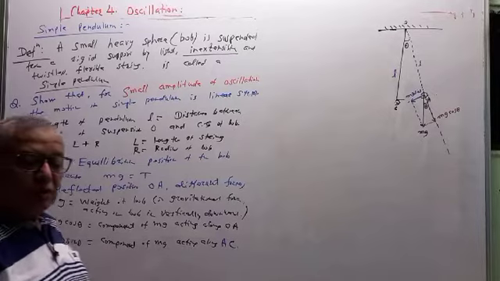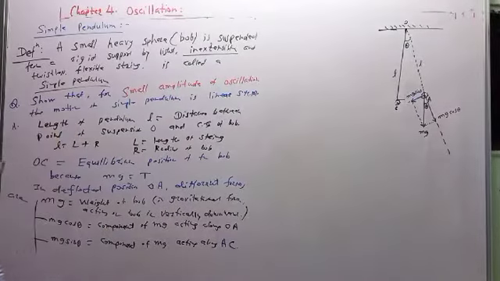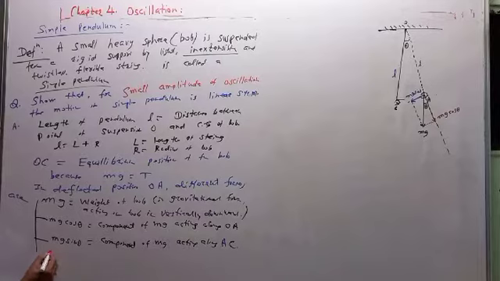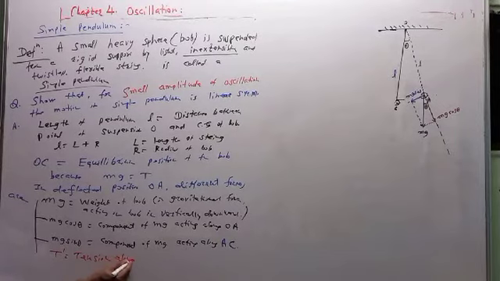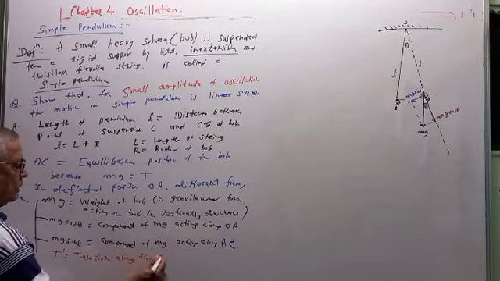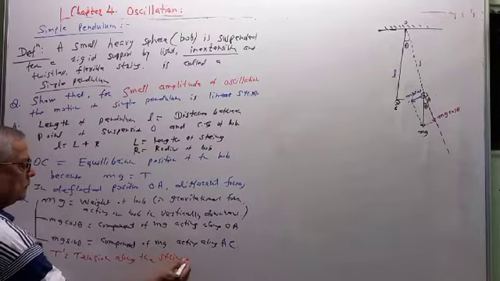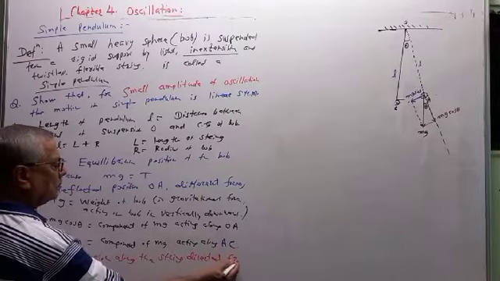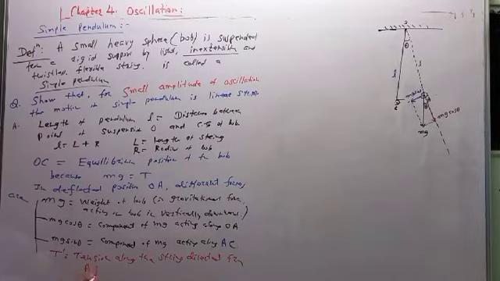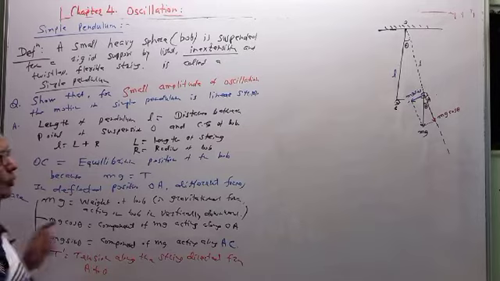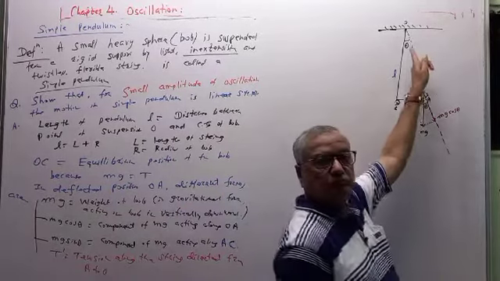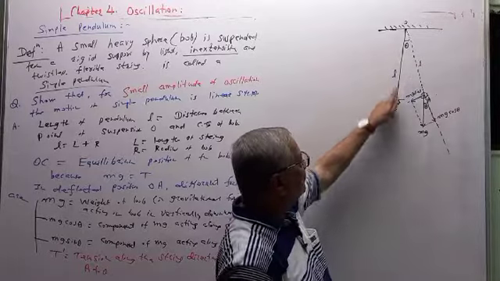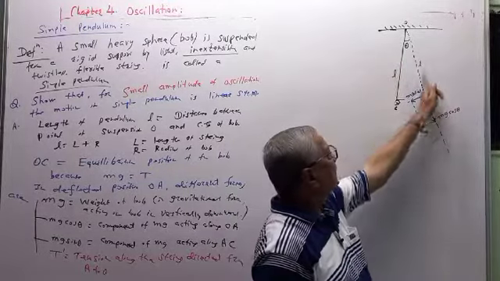And what is the third force? The third force is T dash, tension along the string directed from A to O. Here tension is in vertically upward direction, here tension will be in inclined direction.